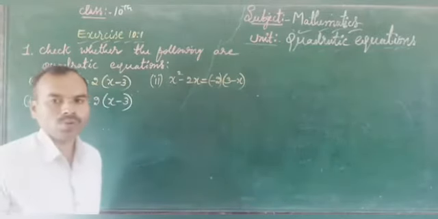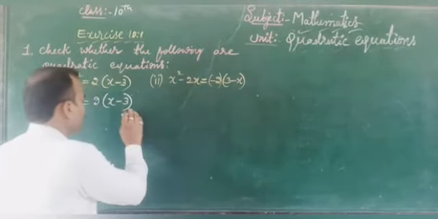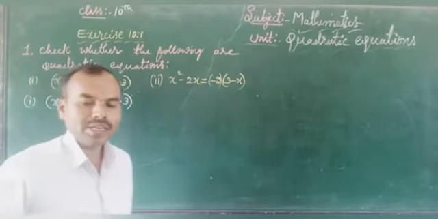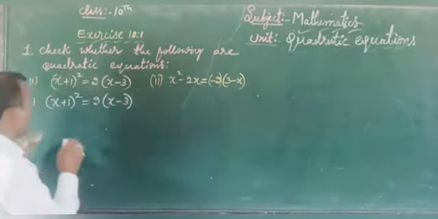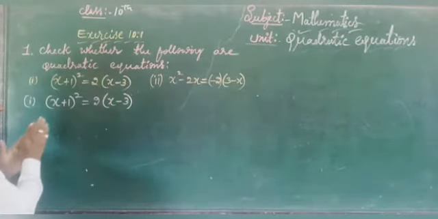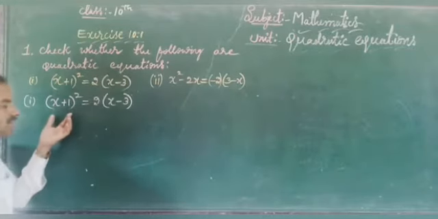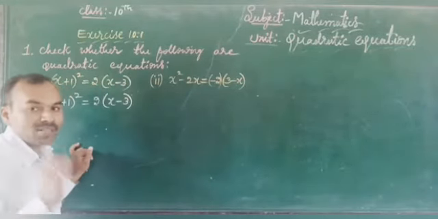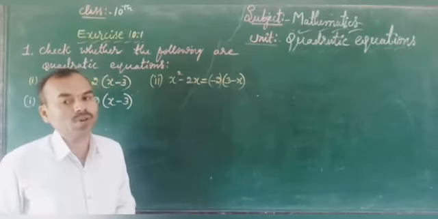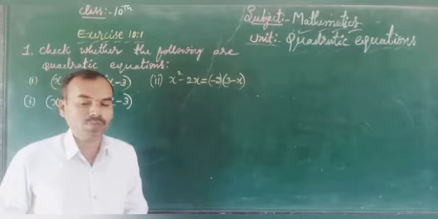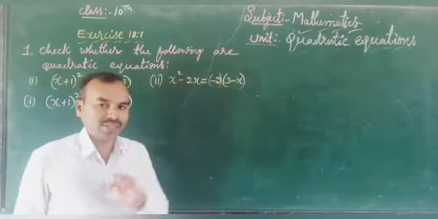First we have to simplify the given expression into a quadratic equation. Just we take the LHS. Observe the given equation, the LHS is of the form a plus b whole square. We already know the identities from the 9th standard: a plus b whole square is equal to a square plus 2ab plus b square. According to that, we can express the LHS.